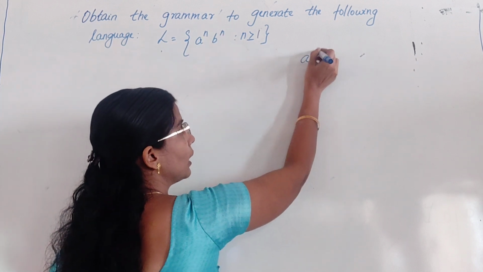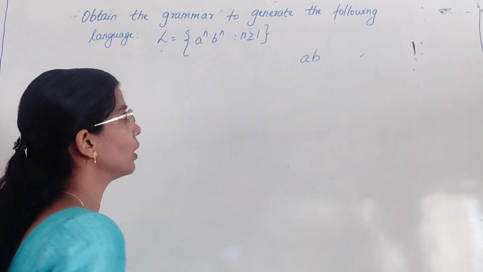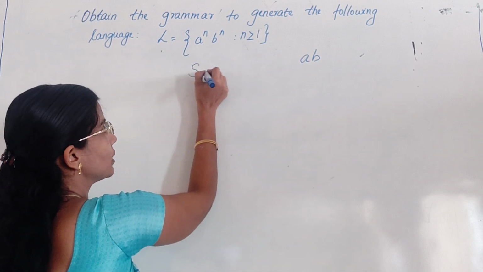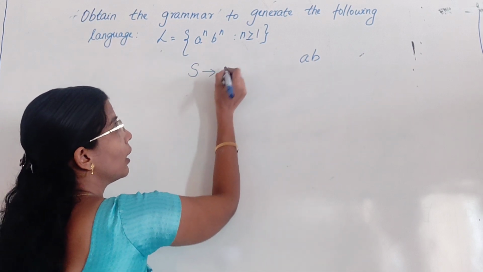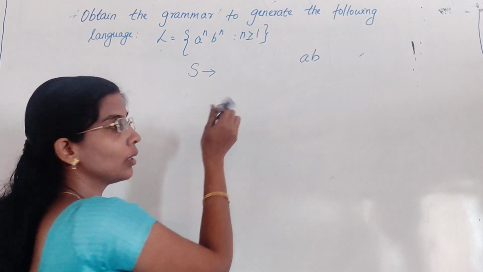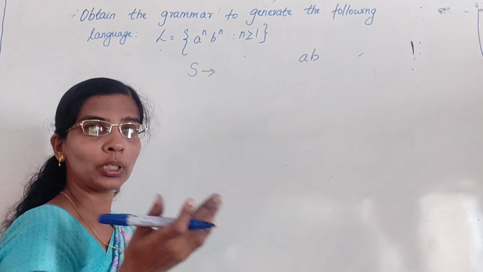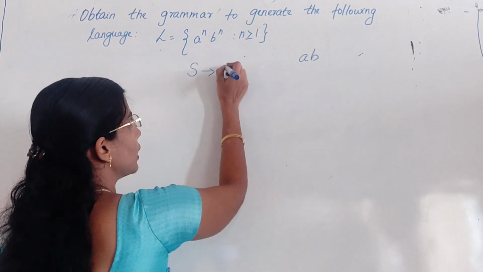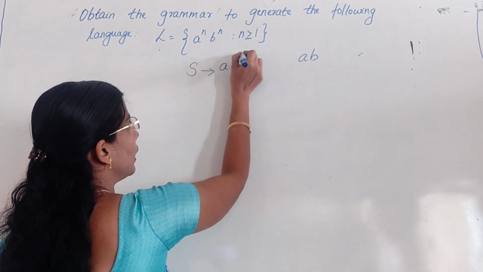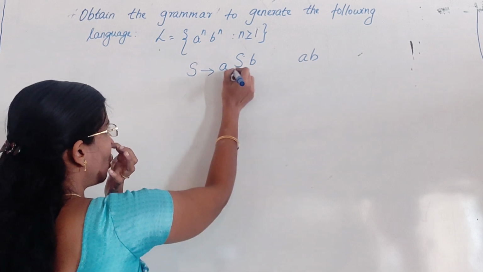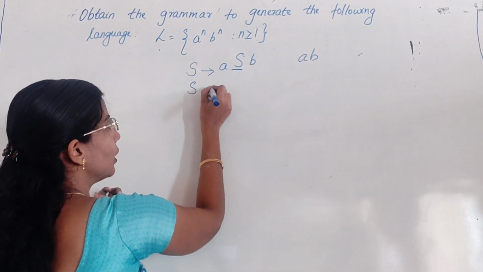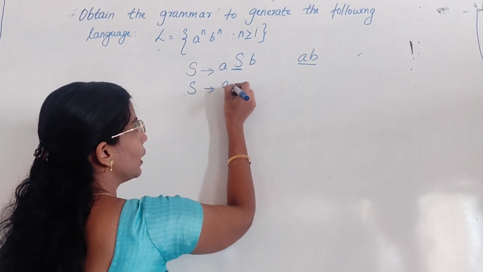The minimum string is ab. Now how will you write your production? Only the language is given, so there is some relationship between a and b. So it should be generated from outside to inside: S tends to a S b. And how will you conclude this? With this minimum thing, ab.